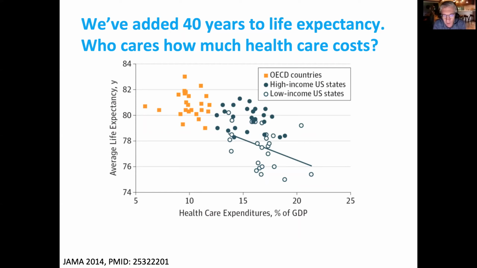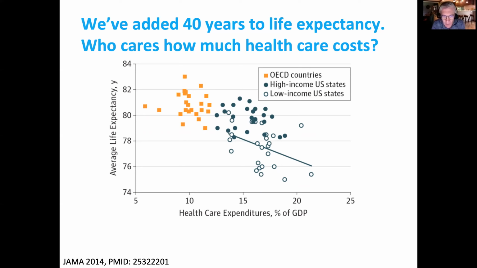So what you see here, the orange boxes are Organization for Economic Cooperation and Development countries, so-called OECD. The dark circles are high-income U.S. states. The open circles are low-income U.S. states. Again, along the x-axis, you see what percentage of GDP healthcare expenditures account for, and on the y-axis on the left, you see life expectancy.